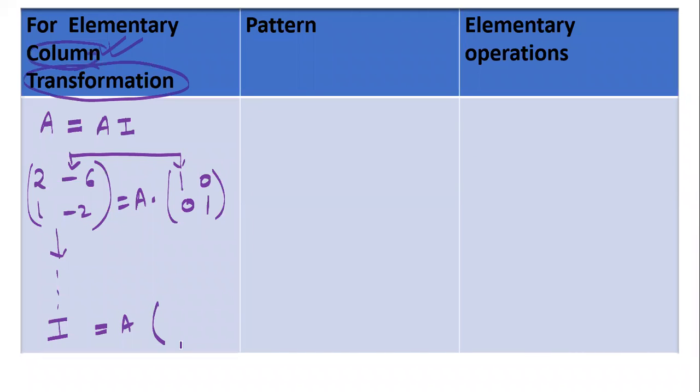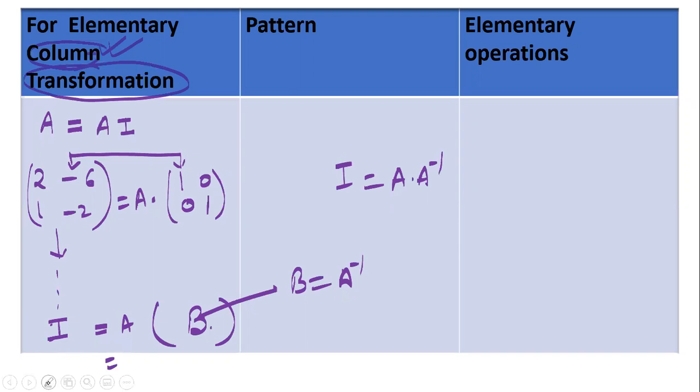And the same transformation would be done on the RHS. If this becomes the identity matrix, and suppose the RHS comes out to be a matrix B, and A into B equals the identity matrix, it means B is equal to A inverse.